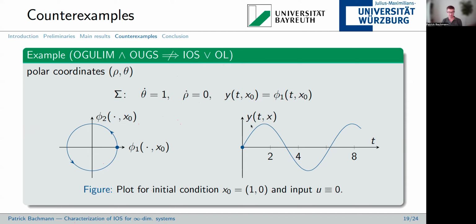Of course, when we start, this is attractive because we come regularly to the 0. And it's of course also stable. But it's neither IOS because we have no attractivity, and it's also not output-Lagrange because we are starting here again at 0 and afterwards it's increasing, so we cannot bound the output in terms of the initial state.